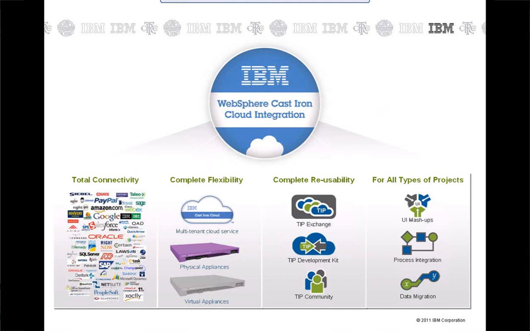I'm moving to the next slide. In this slide, we talk about the total connectivity in CastIron. CastIron provides connectivity to a number of applications, for example SAP, all RDBMS databases, Siebel, PeopleSoft, JD Edwards, file system, MQ, JMS.